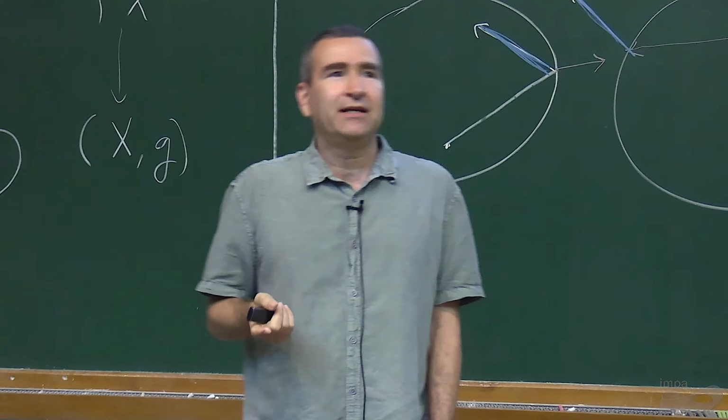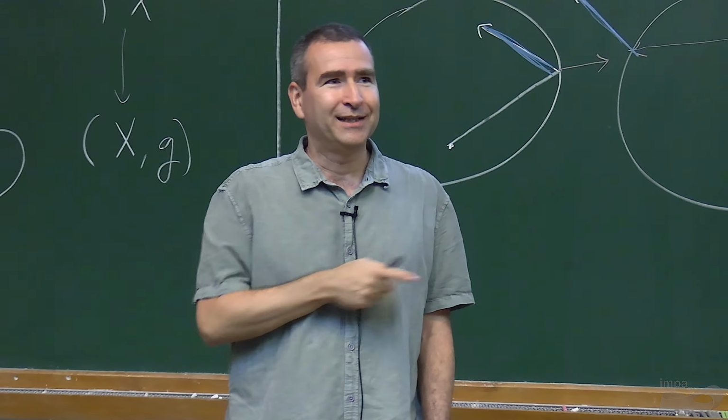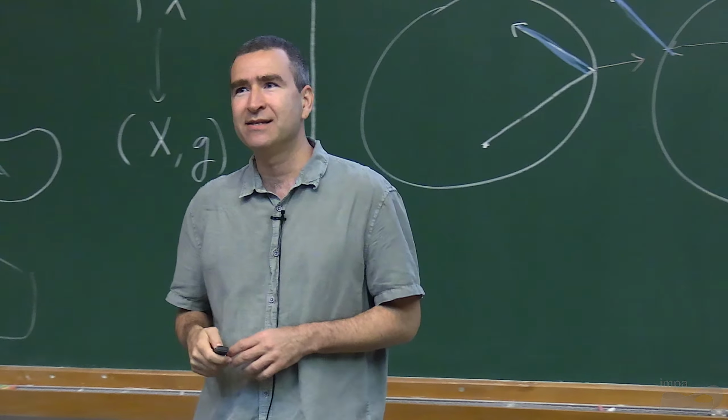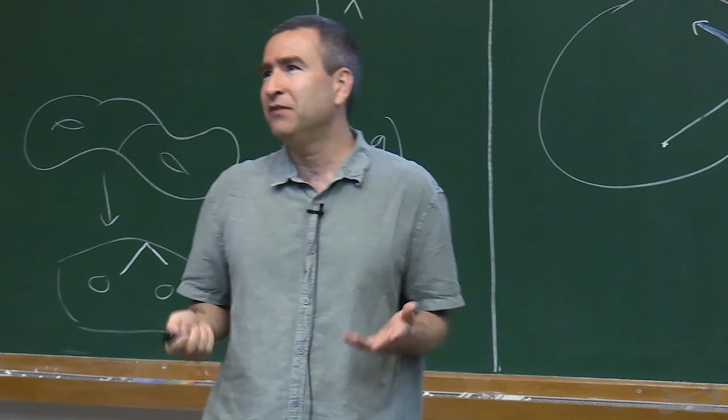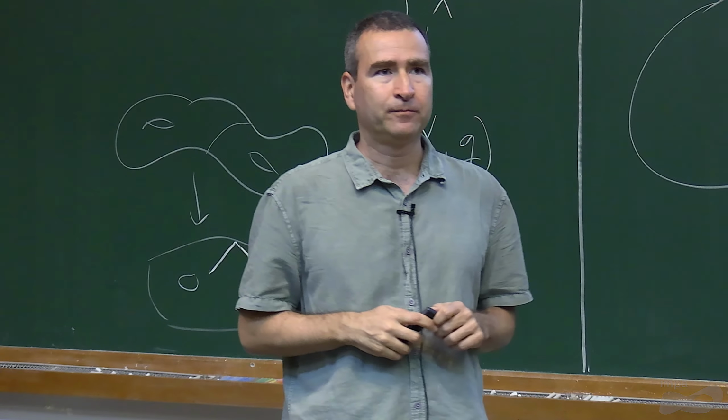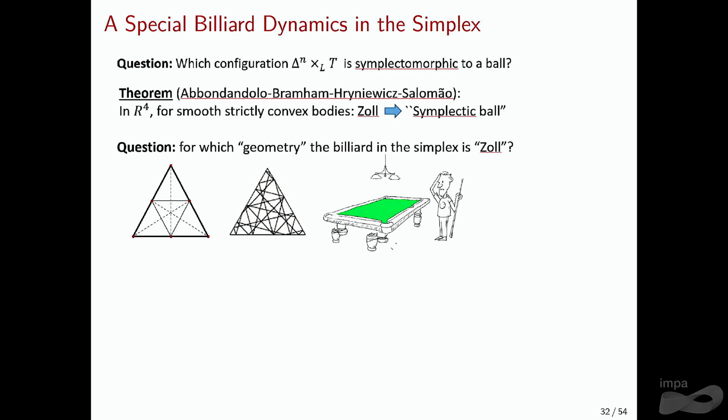It's easy to see that this is not the Euclidean geometry. If you just play billiard dynamics inside the equilateral triangle, you see that there are different orbits with different lengths, different action. So do you want to guess, at least those of you who never heard this talk before, which geometry one should take?